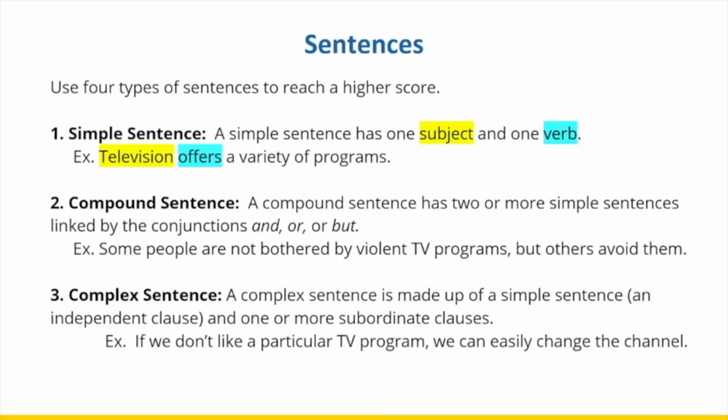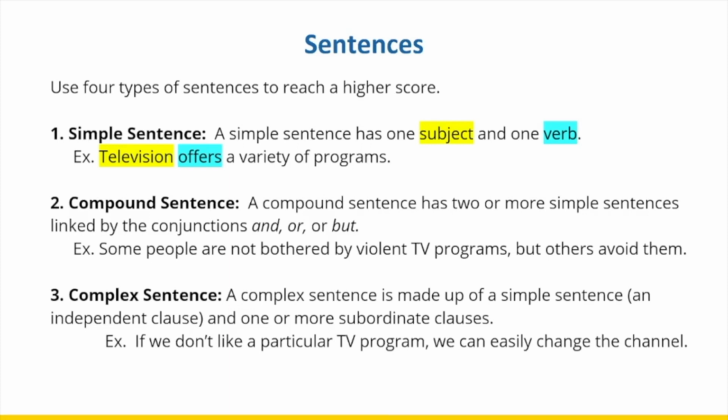And the following type of sentence we have is called a compound sentence. A compound sentence has 2 or more simple sentences linked by the conjunctions and, or, and but. If you remember from your grammar class, the different FANBOYS we had. These are conjunctions that we use. Here we have an example. Some people are not bothered by violent TV programs, but others avoid them.